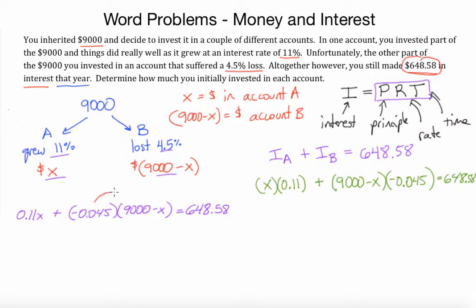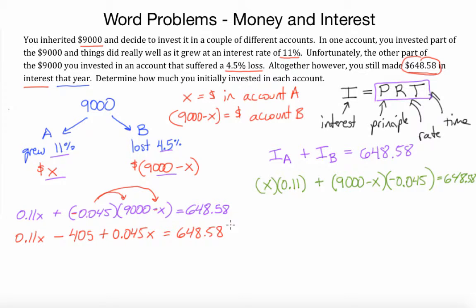I'm going to multiply that negative 0.045 and simplify. Now we get 0.11x minus 405, and then plus, a negative times a negative, plus 0.045x is equal to 648.58.